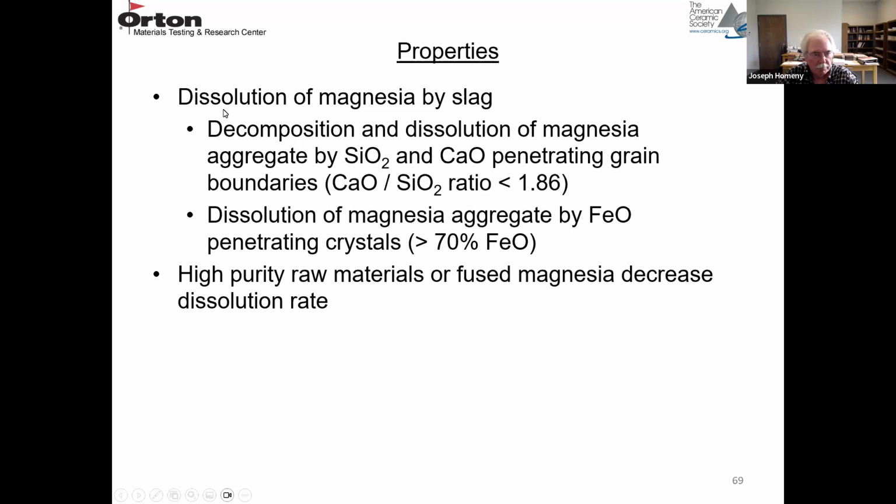So to prevent or slow down corrosion of the magnesia by a slag, you want to go to high purity MgO materials, and you want to use the fused magnesia, which is the densest, lowest porosity, and the largest grain size with the fewest amount of grain boundaries. So going simply to a fused material will increase the corrosion resistance.